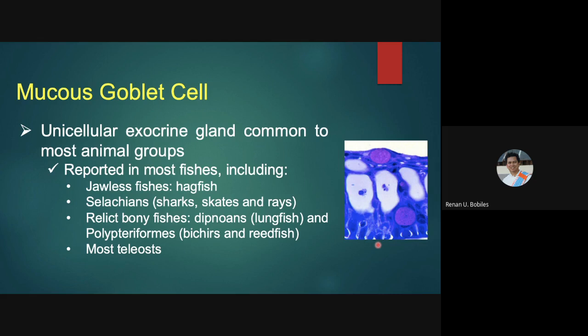It is reported in most fishes, including the jawless fish, like the hagfish, coelacanths, sharks, skates, and rays, relic bony fishes, the lungfish, and most of the teleost. Teleost or yung mga spiny rayed fishes.